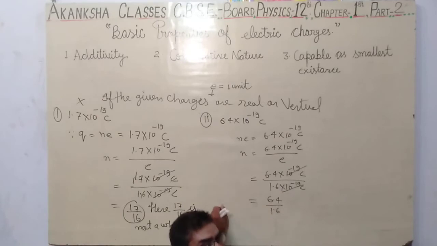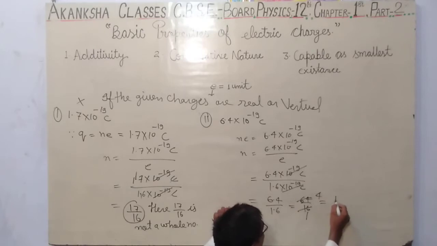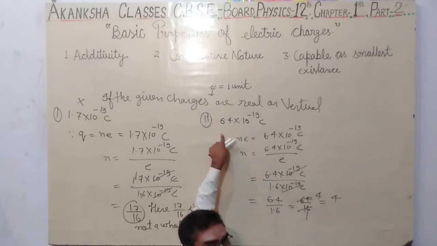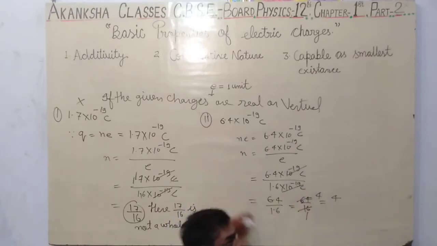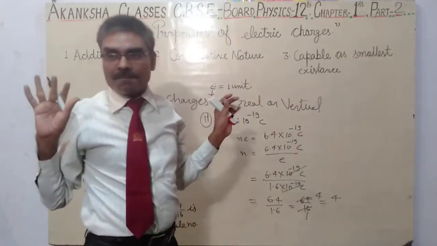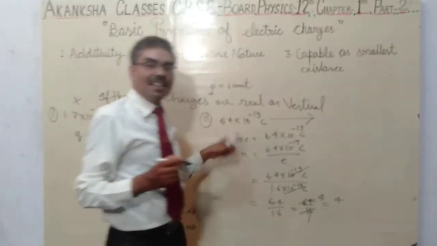If we remove the decimal from numerator as well as denominator, we get 64 by 16. 16 in 64 is 4, so N equals 4. Real charge, because the number of electrons equals 4. Are 4 electrons possible or not? Possible. Hence this is a real charge.